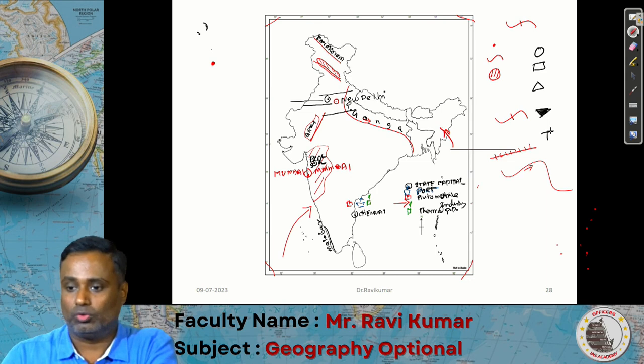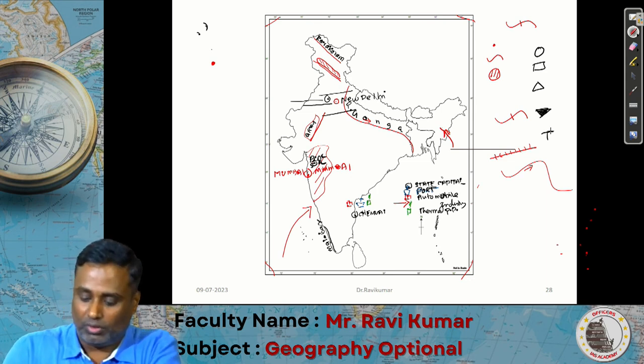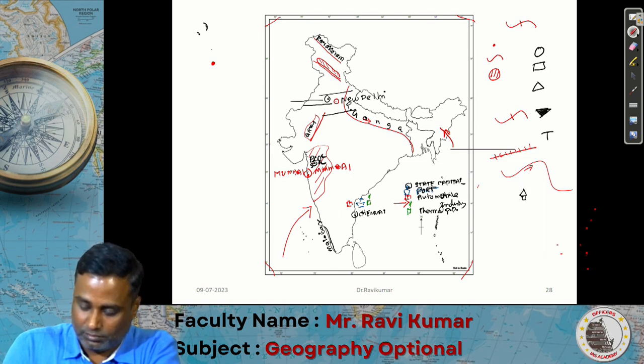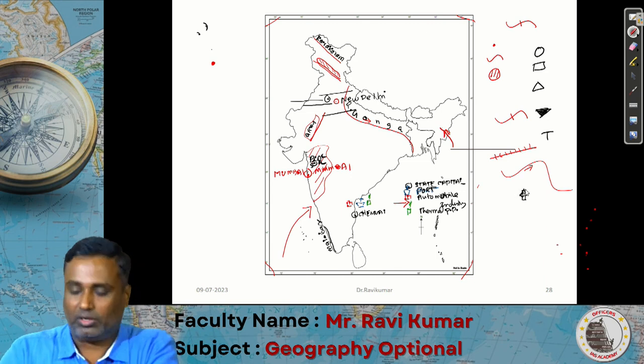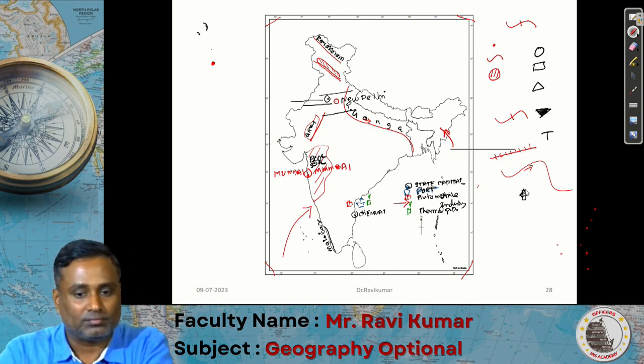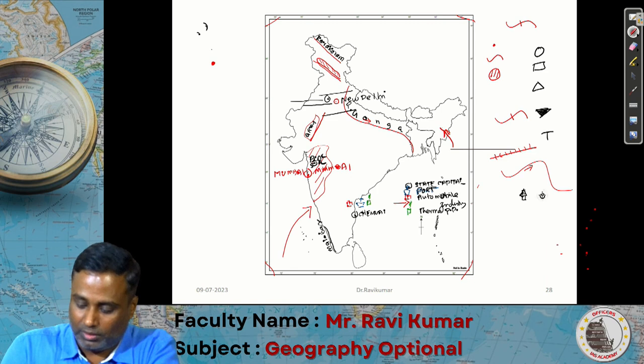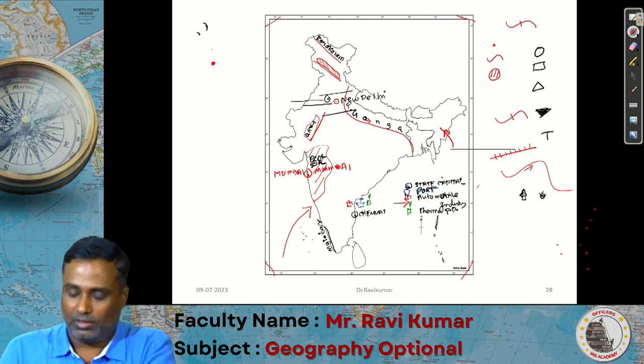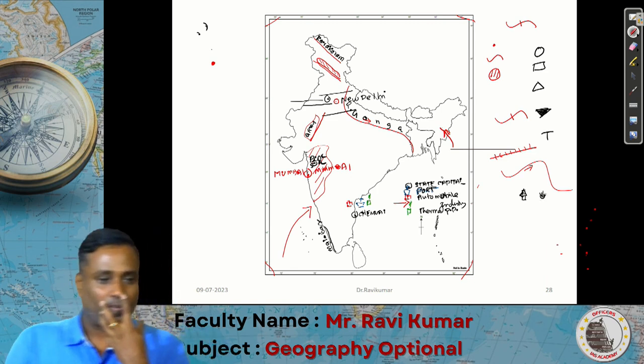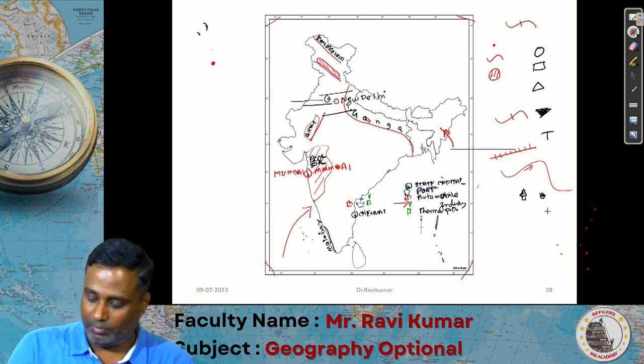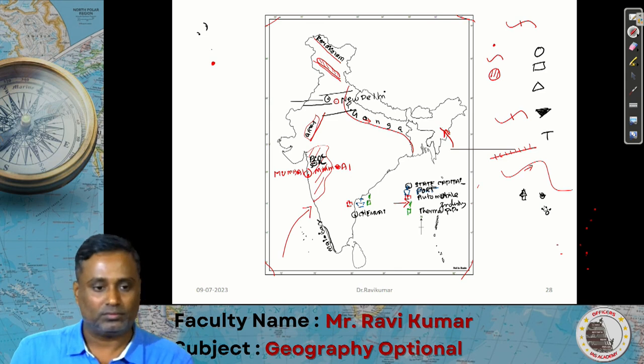Some students, to show a national park, will draw like this. They draw a tree. Okay, I saw some people draw like this, the face of a tiger. Or people will mark, what is this?